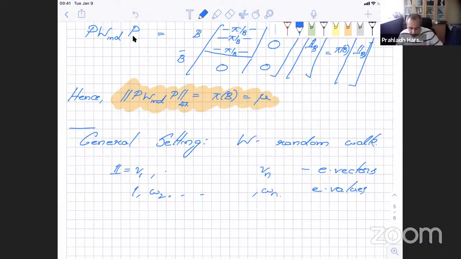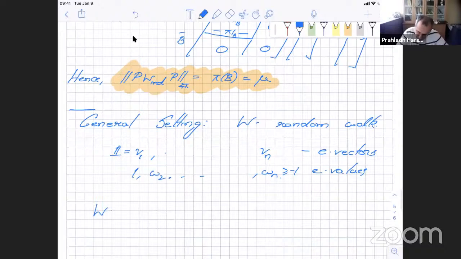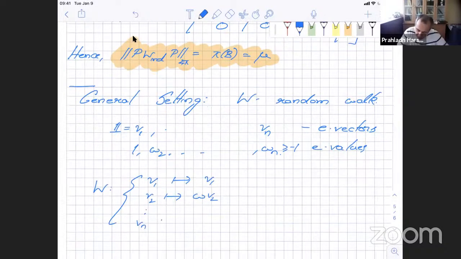So W is fully specified by just saying that V1 goes to V1, V2 goes to omega 2 V2, up to Vn goes to omega n Vn. If I say W is the operator which takes these vectors to these vectors, that fully specifies W because these form a basis.